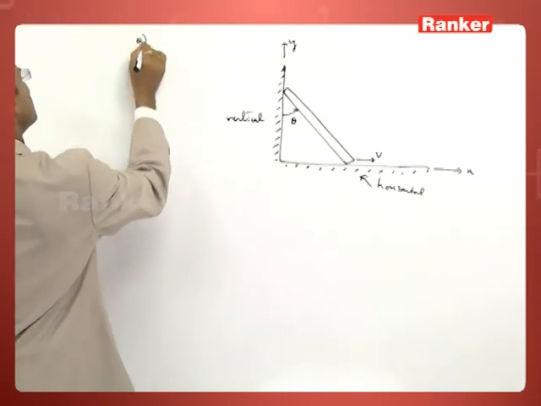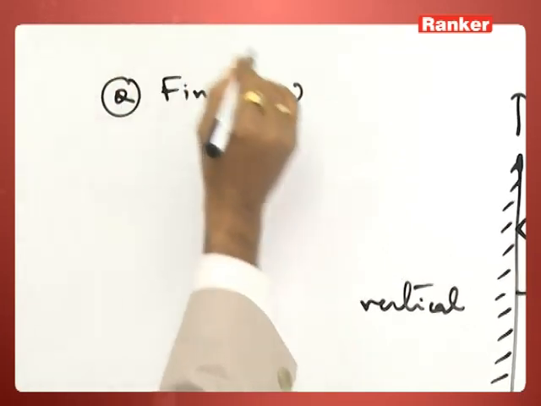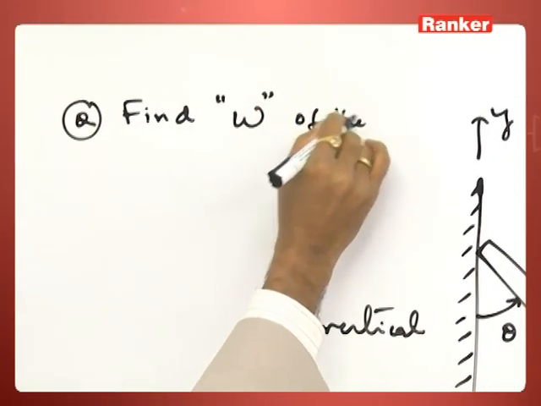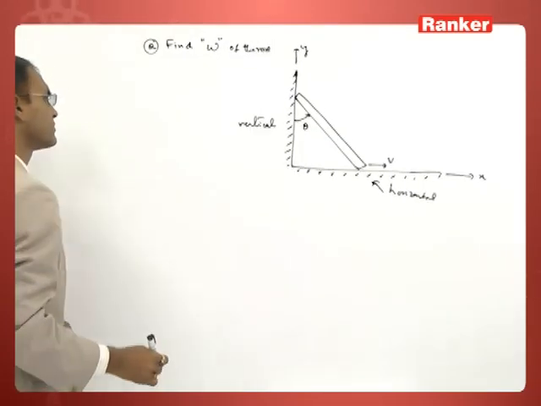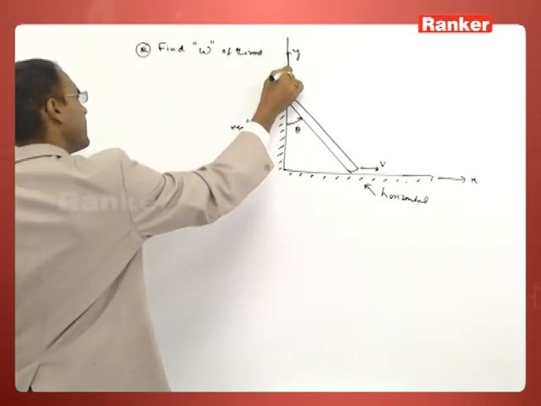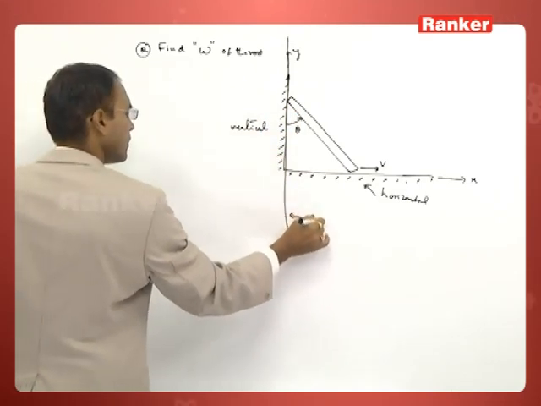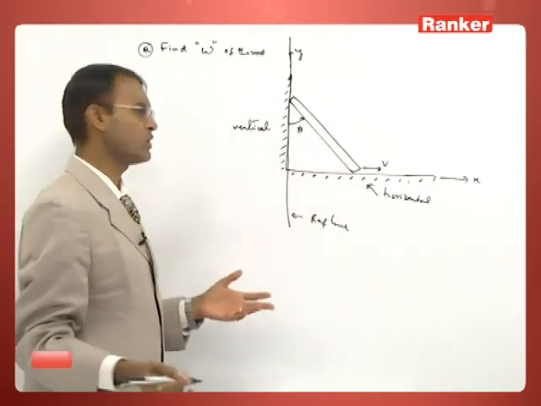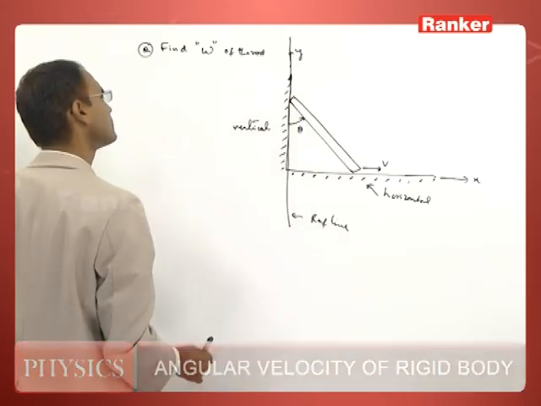Find angular velocity of the rod. The concept is with respect to the reference line. This is the reference line. You may take x-axis as a reference line also, it is your wish. I take y-axis as a reference line.